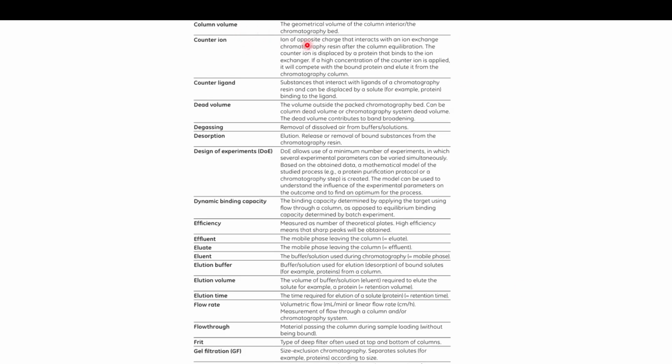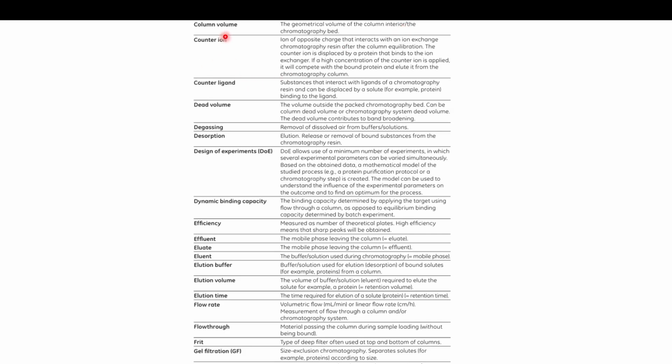Then you have column volume. What is the bed volume or the geometrical volume of the column? This is very important to know because the whole purification protocol revolves around how many column volumes of a particular buffer you need to pass through the matrix so that appropriate purification can be standardized.